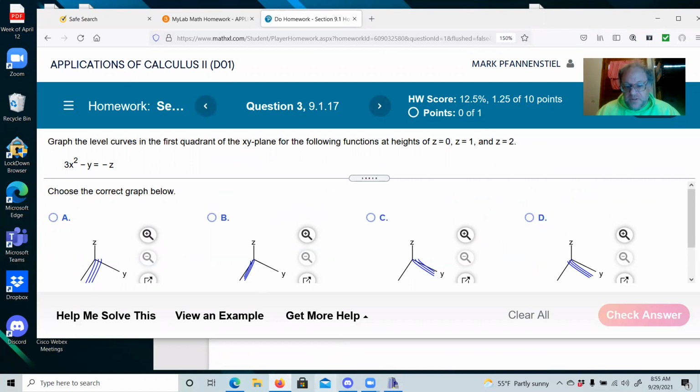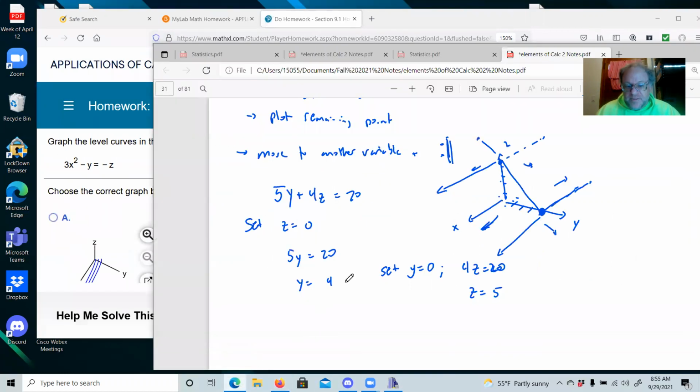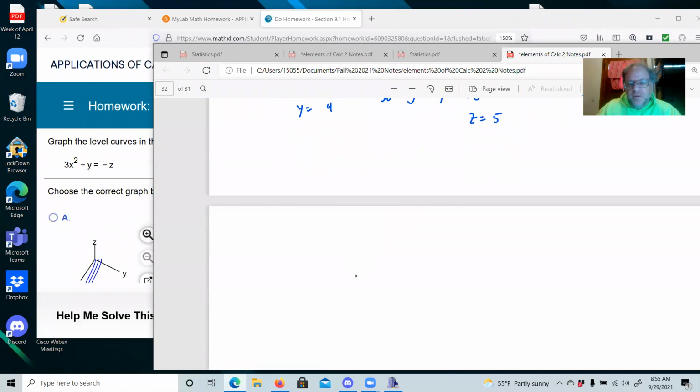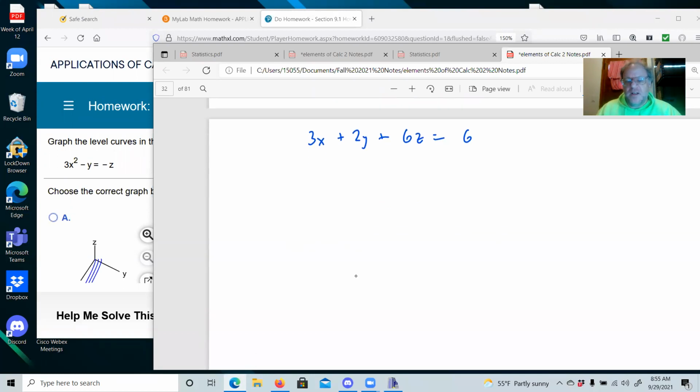Okay, actually, I would want to do one more just to kind of cement this. What if we have something like 3x plus 2y plus 6z is equal to 6? How would we graph it? Well, what we're going to do is set y and z equal to 0. So we have 3x is equal to 6, x equals 2.